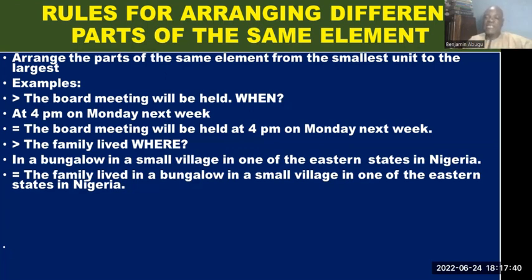In one of the eastern states is where. In Nigeria is where. All these are telling you about the place. And there are 4 different parts of the same element. So we can put all of them together, and what we have is as follows. The family lived in a bungalow in a small village in one of the eastern states in Nigeria.